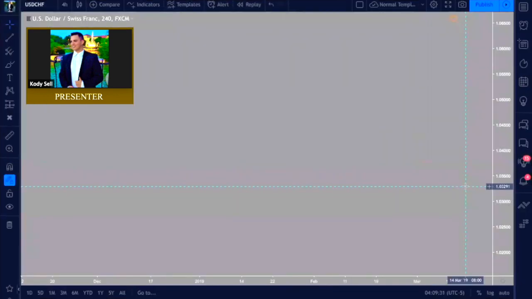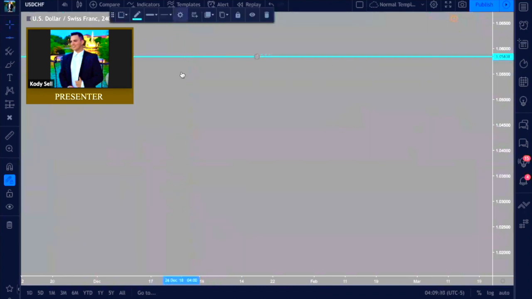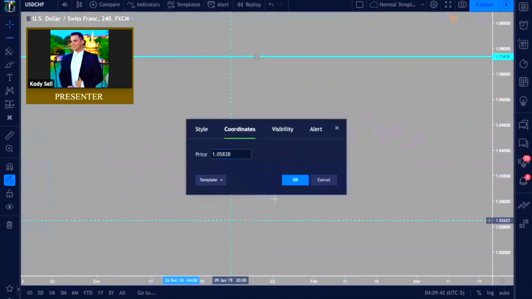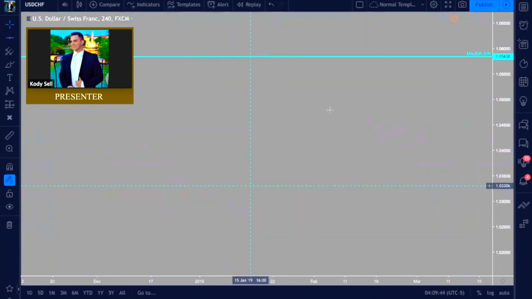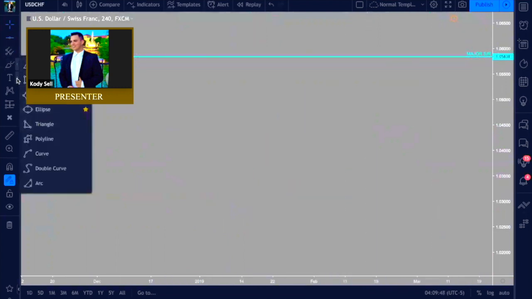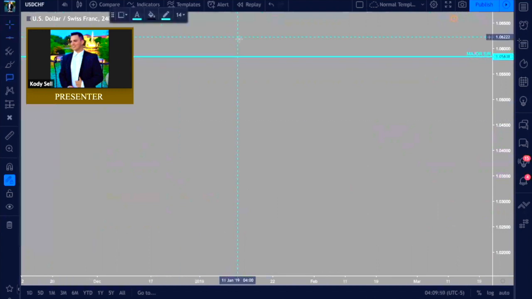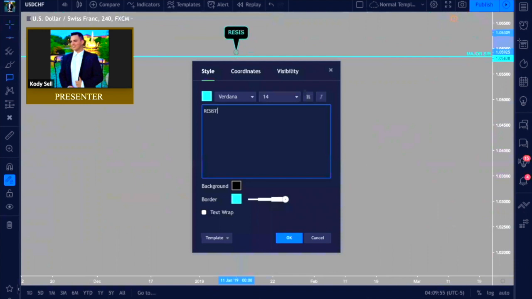All right, now trading based on support and resistance is actually fairly simple. So what I'm going to do is mark a resistance up here. Let's go ahead and apply my style to it. So here is our major support and resistance. And for the purpose of this specific section, this is going to be our resistance.